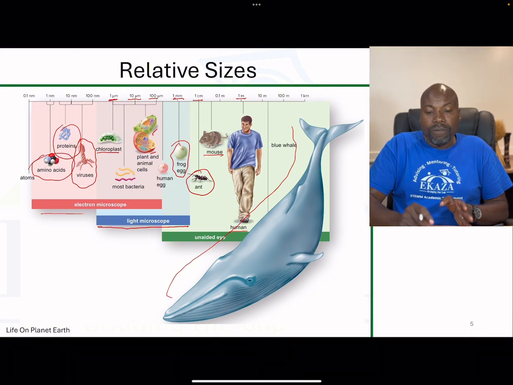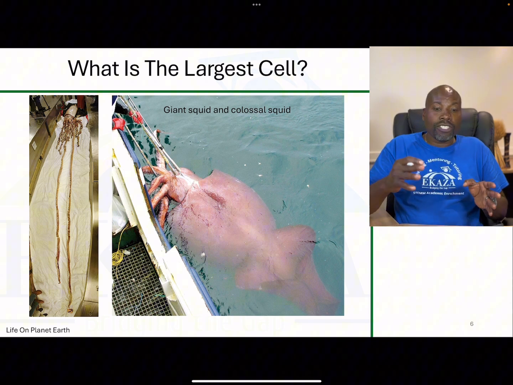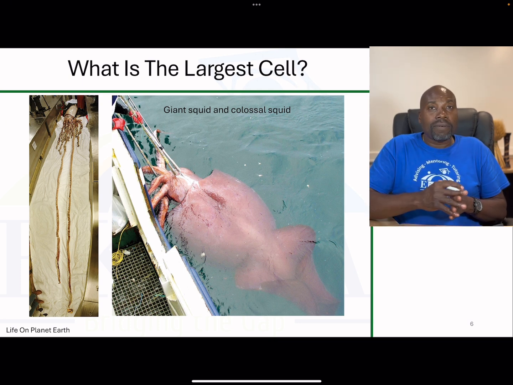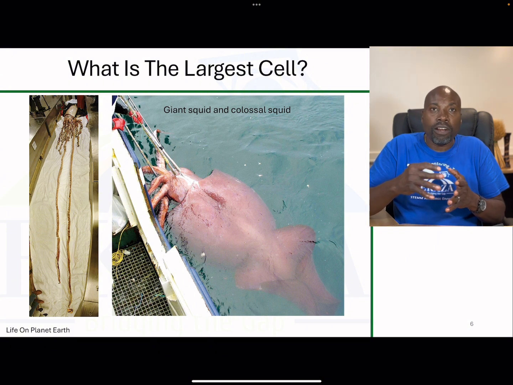Now, with that being said, what is the size of the largest cell? I'm not going to tell you exactly what the size of the largest cell is because I don't know the size of the largest cell.